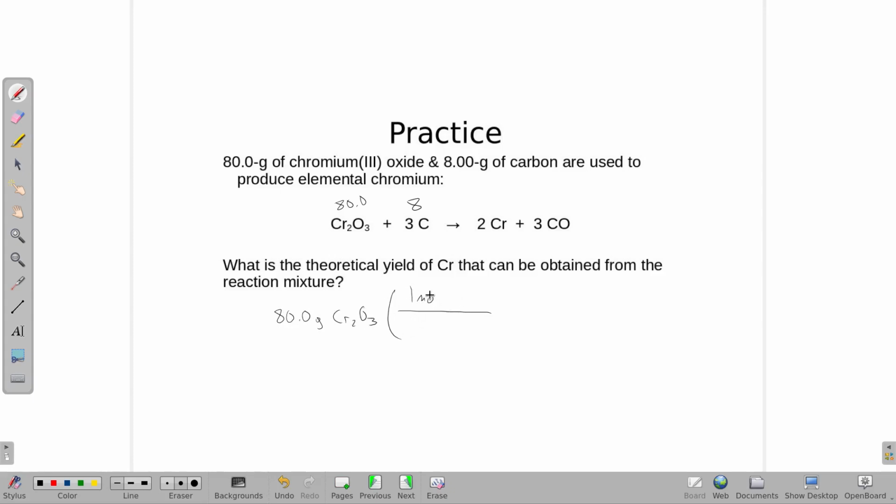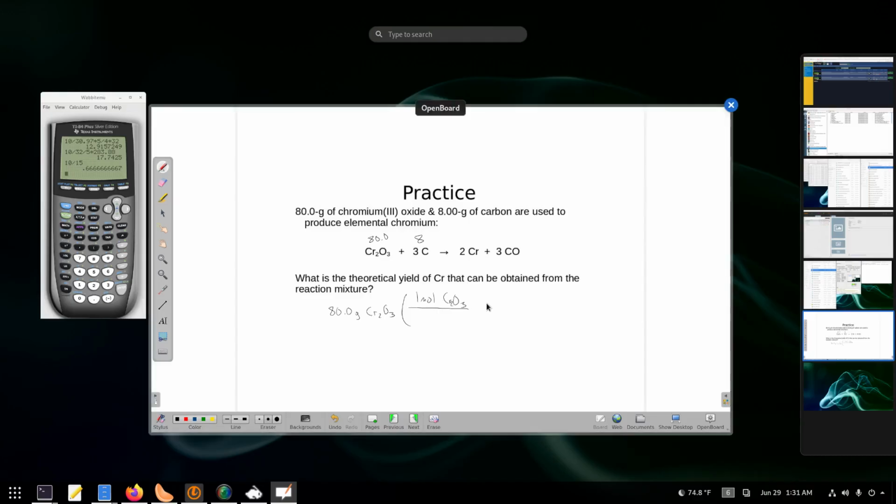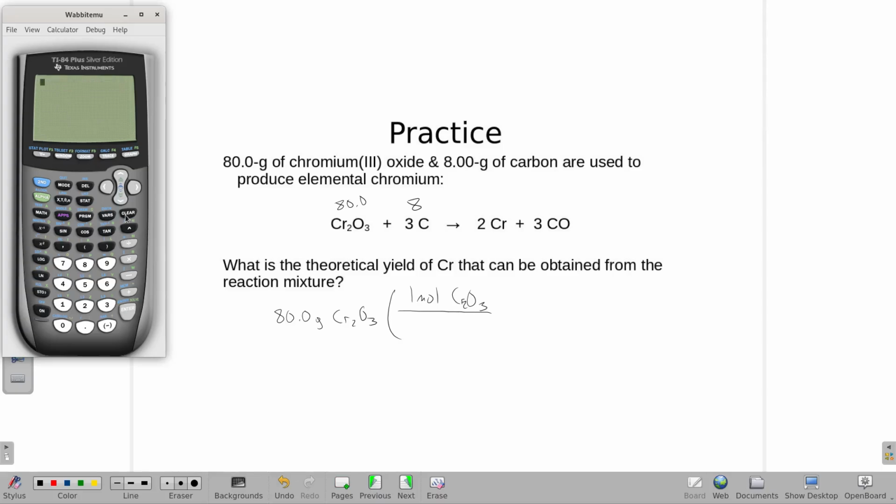I'll convert that into moles. Cr2O3: chromium is 52.00, and there are 2 of those, plus 3 times 16, the oxygen.